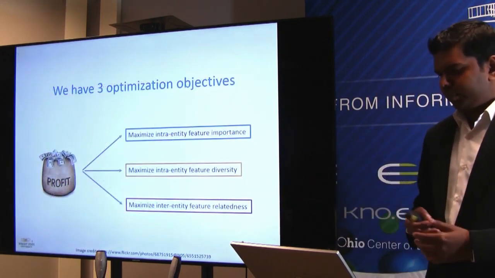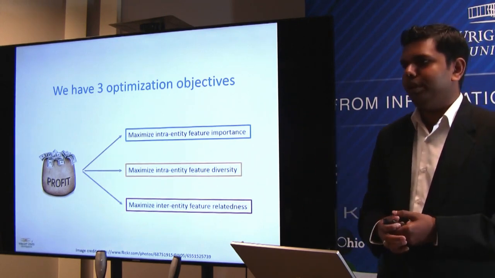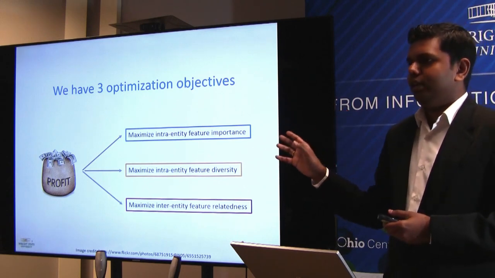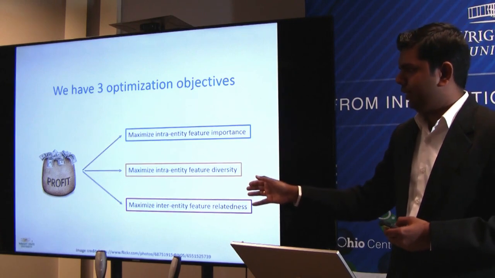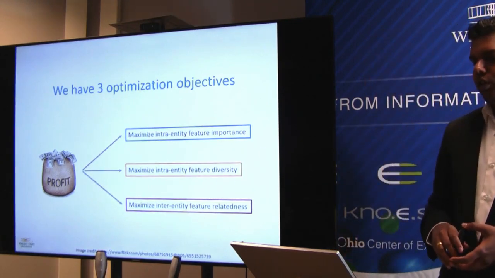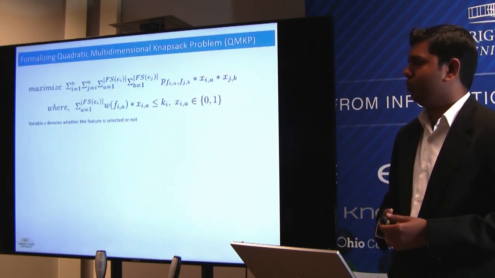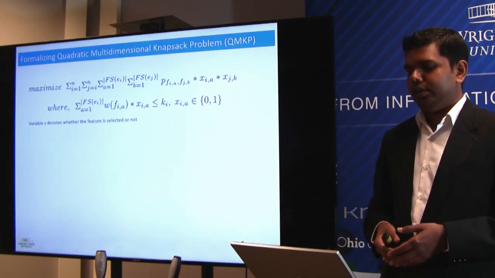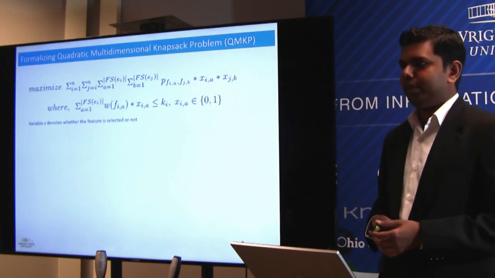So in our approach, we need to maximize three objectives, and then we try to map it to a single profit function. Maximizing these three will also maximize the profit that we want to compute. So we adapt our problem to an existing well-known problem, which we call the quadratic multidimensional knapsack problem.